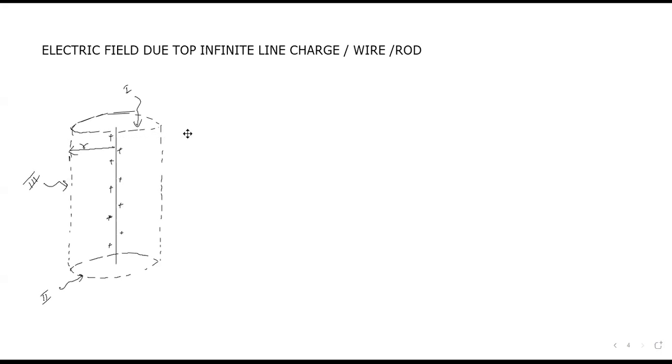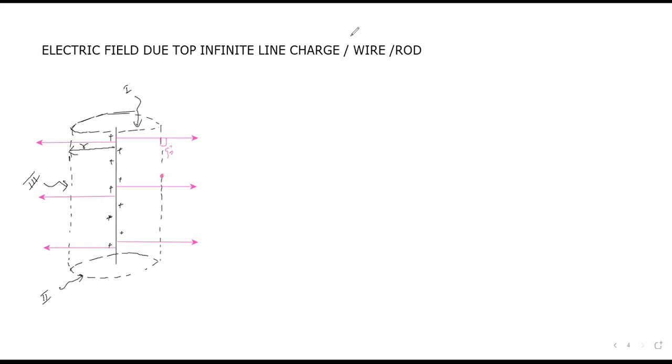You already know the electric field lines are always drawn perpendicular to the surface. These are the field lines which are passing perpendicular to the Gaussian surface, making 90 degrees.